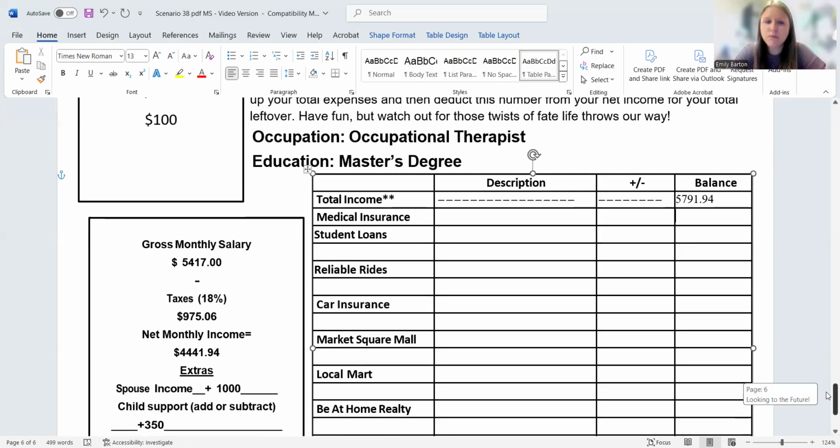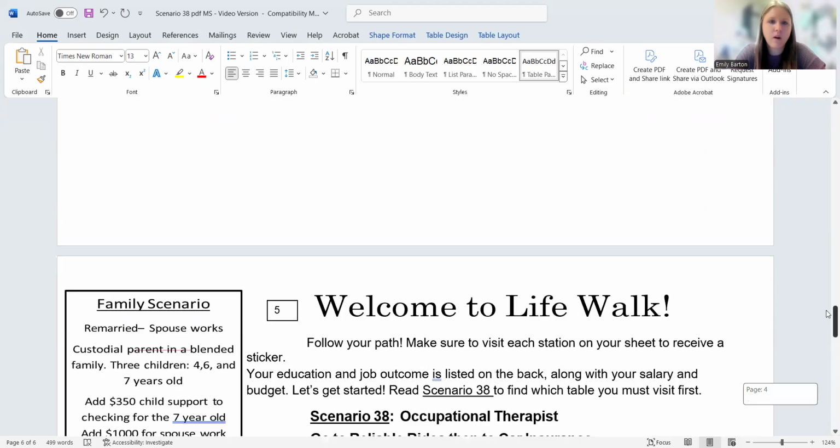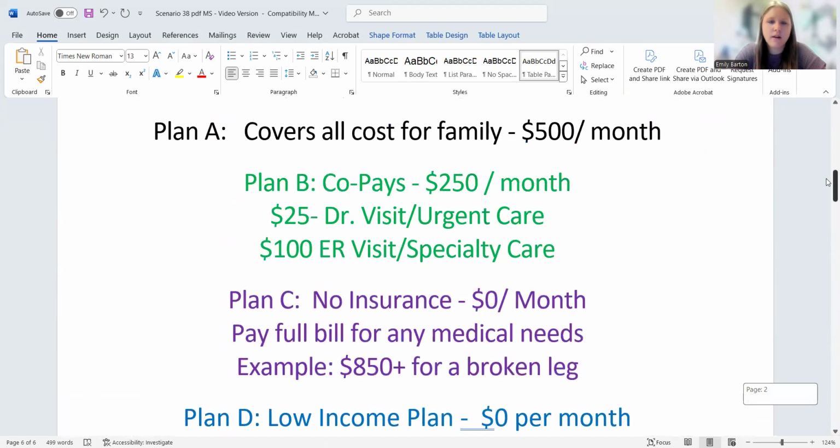So I'm going to scroll up to my notes just a second. Now, you need to choose a health insurance plan that works for your family. I'm going to describe each one and then we'll show you how to make that choice in your chart. So there are 4 choices for your family.